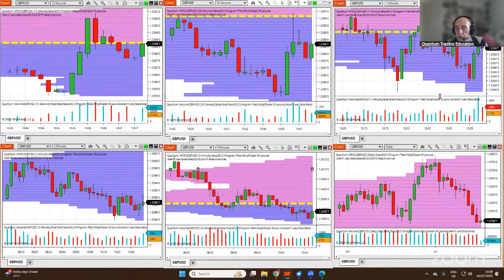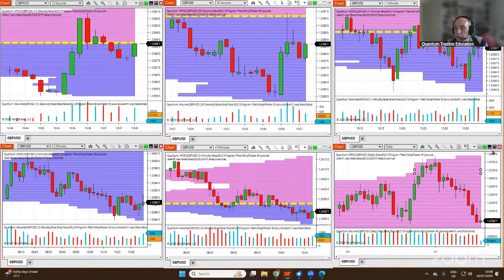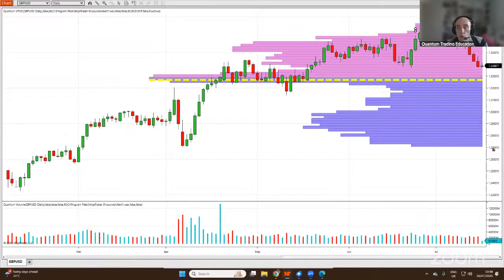I've got 6 here. And when we come down to the daily, this is for cable. What's important here is that if the market continues to break to the downside, once we get down to this level below 133, probably about 132.80, something like that, that is where we have an immense concentration of very, very high volume.